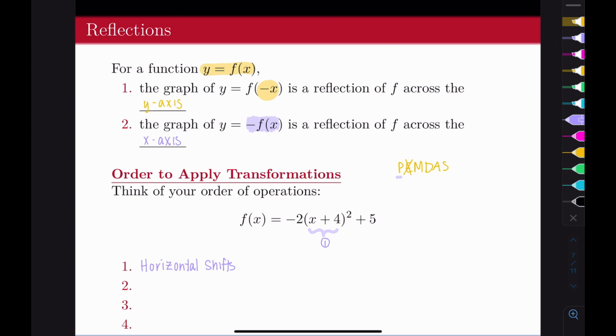So moving out front, this minus 2 is really two different transformations. The 2 is a stretch and compression, and then that minus sign is a reflection. This one, the order doesn't matter because multiplication is interchangeable. What I would tell you to do is move to stretches and shrinks next.